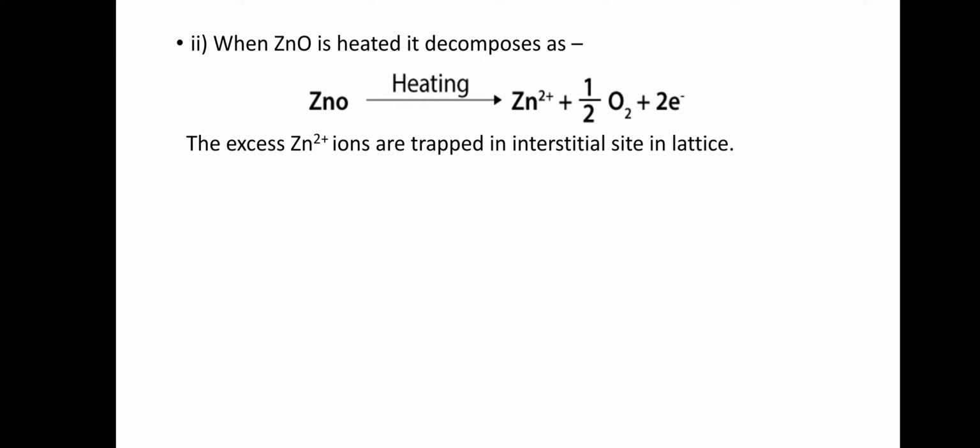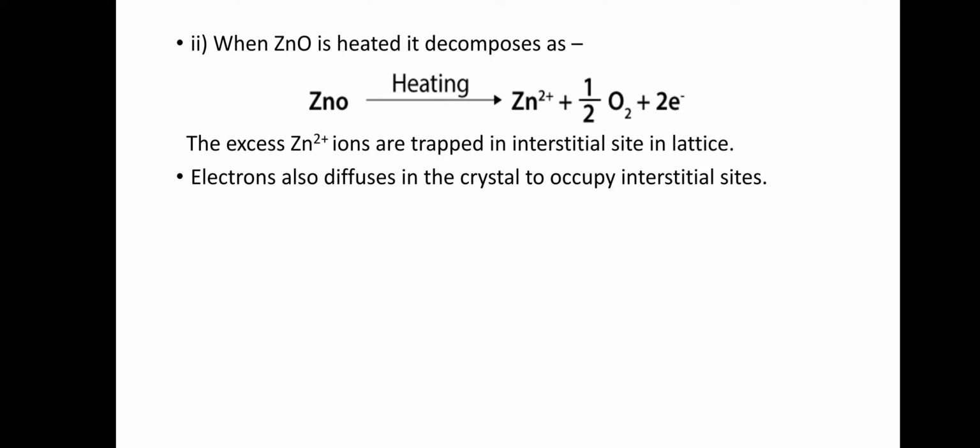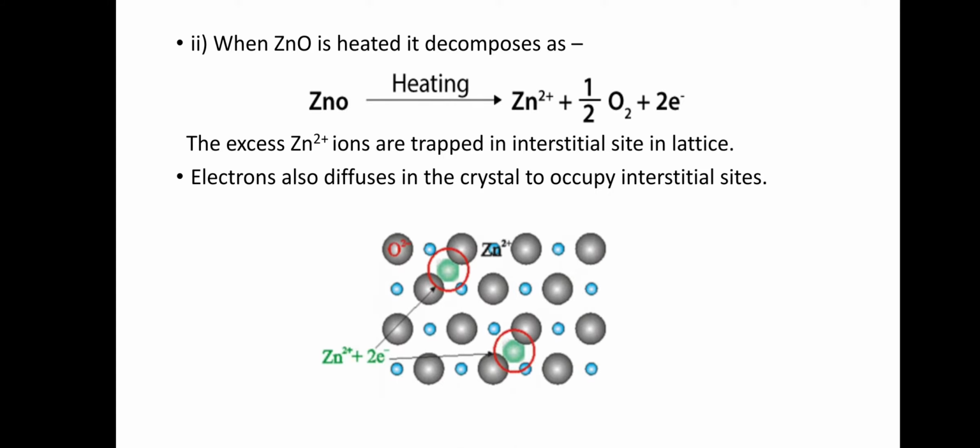If we see the reaction for zinc oxide, which is a decomposition, zinc oxide on heating will give Zn2+ plus half O2 plus 2 electrons. Now this Zn2+ is trapped in the interstitial site, and 2 electrons are remaining. So these 2 electrons also occupy the interstitial sites.